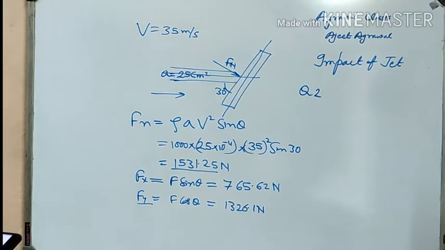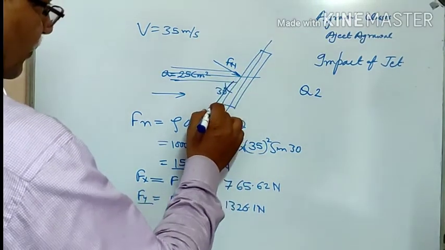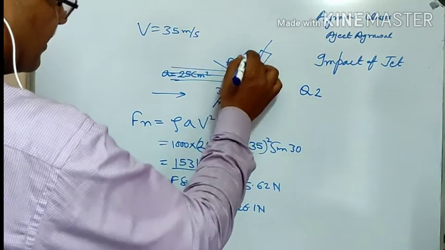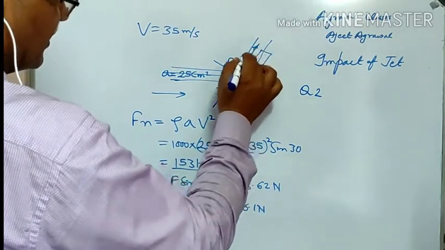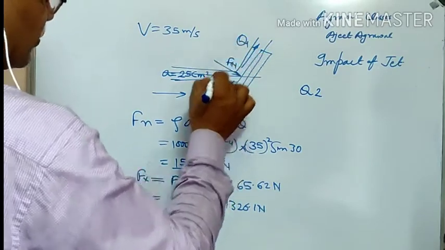Now the third part is required, the ratio in which the discharge gets divided after striking the plate, because some portion will go in this direction and the remaining portion will go in this direction. Say this one is Q2 and this one is Q1.